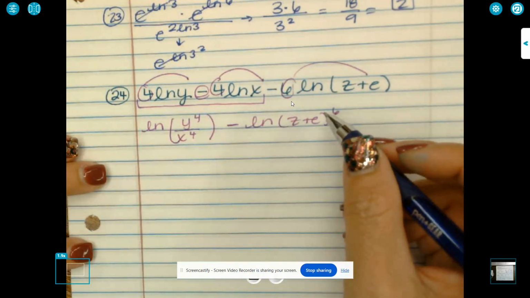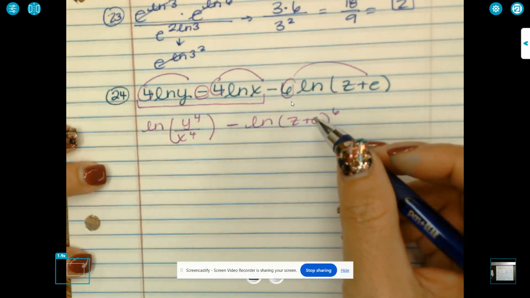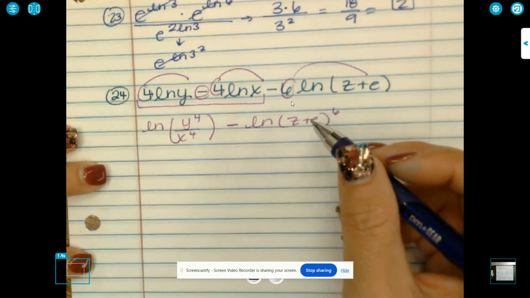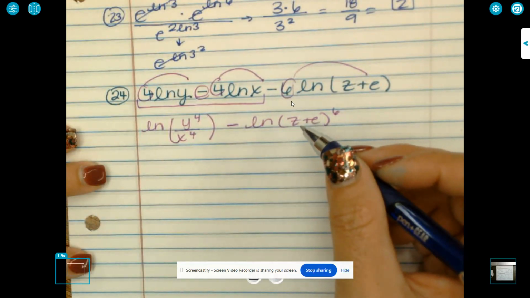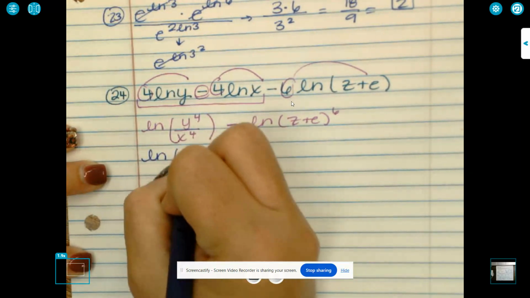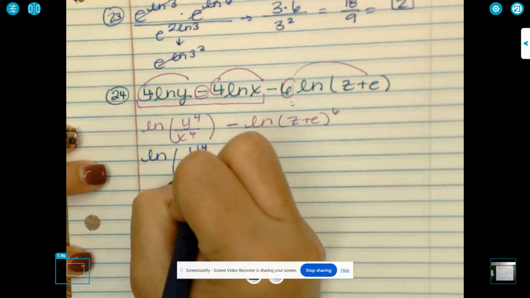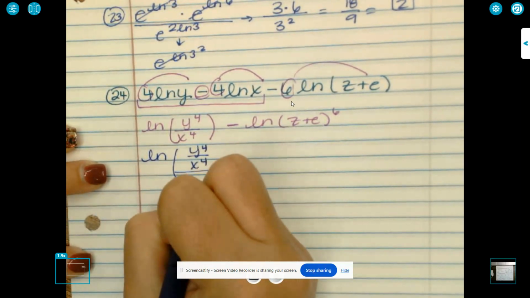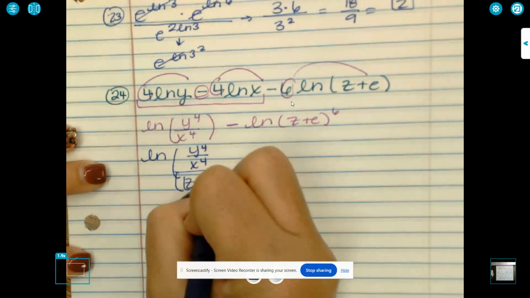All right, so I will work this one out just so you can see exactly how it's going to work. But we've already done this before. If I put this underneath, we've got ln y to the 4th over x to the 4th, all over z plus e to the 6th.